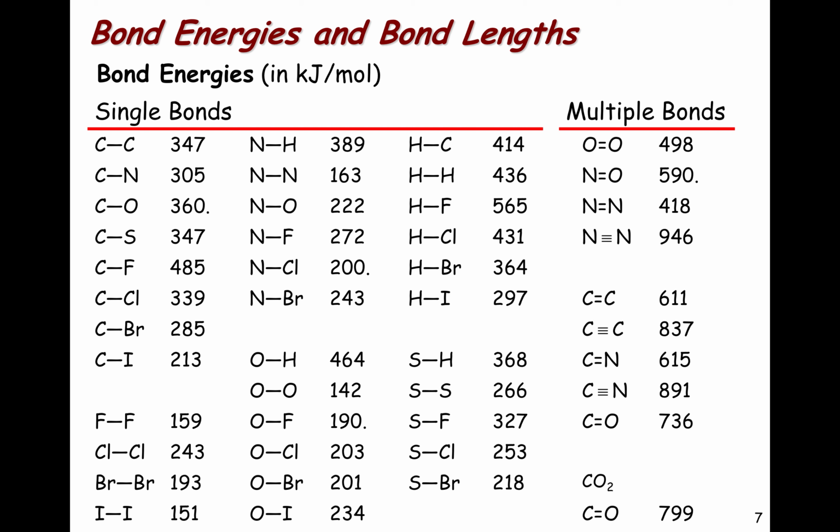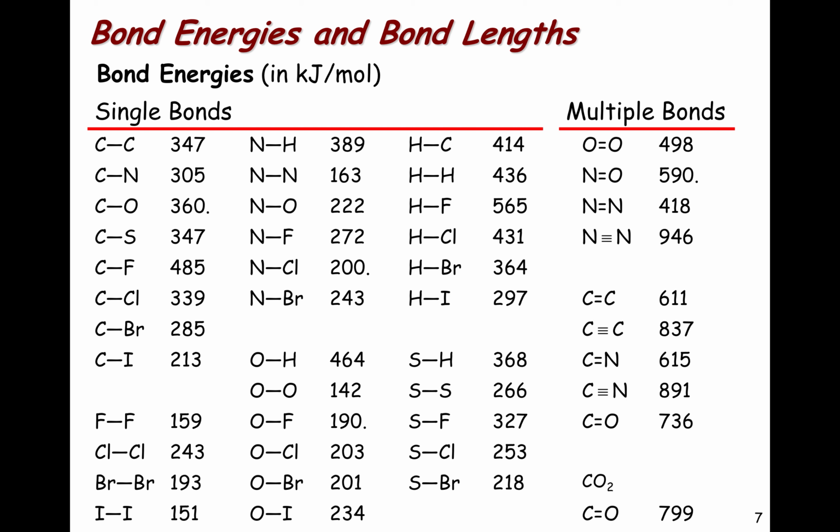Shown here is a compilation of selected data for various bond energies. From the big picture standpoint, you can see that the single bonds generally have bond strengths that are less than that of similar double bonds, and indeed they would be less than corresponding triple bonds.